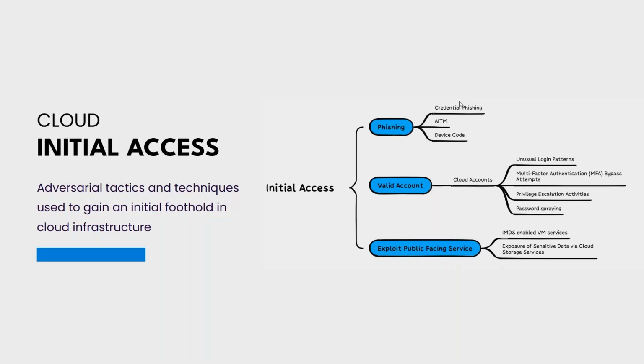In terms of valid accounts, we explored password spraying, some MFA bypass attempts, and suspicious login attempts. In terms of exploiting public facing applications, we discussed the IMDS enabled public compute engine. Here we get an understanding of how the attacks happen over the cloud infrastructure, especially focusing on the initial access vector.